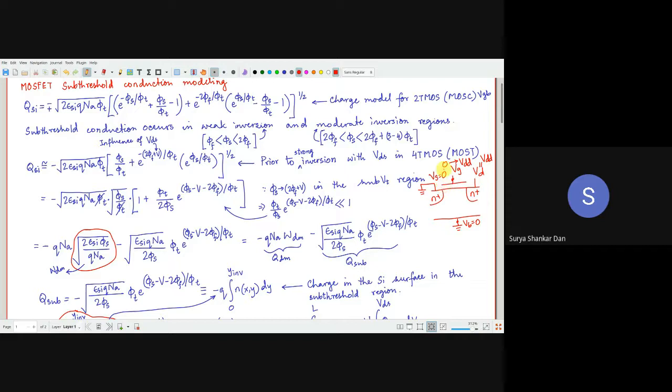In that case, what we all know is that the MOSFET starts conducting only when the VG is between VT and VDD. So there will be a couple of regions of operation, starting with 0 to VT.